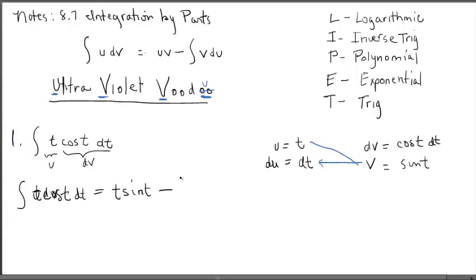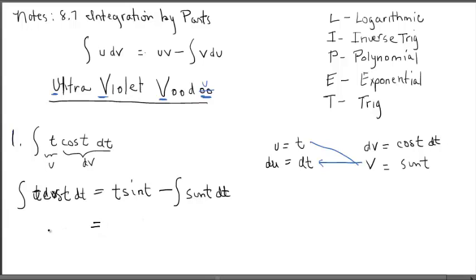Now that we're in this step, just think about it for a minute. When I multiply here, I'm going to get an integral of sine t dt. What you're trying to do is get to a point where this is easy to integrate, because I have one more step with this technique of integration.